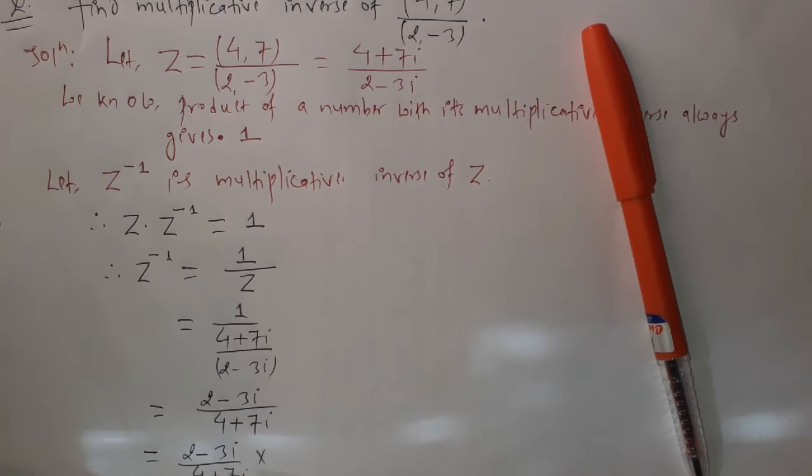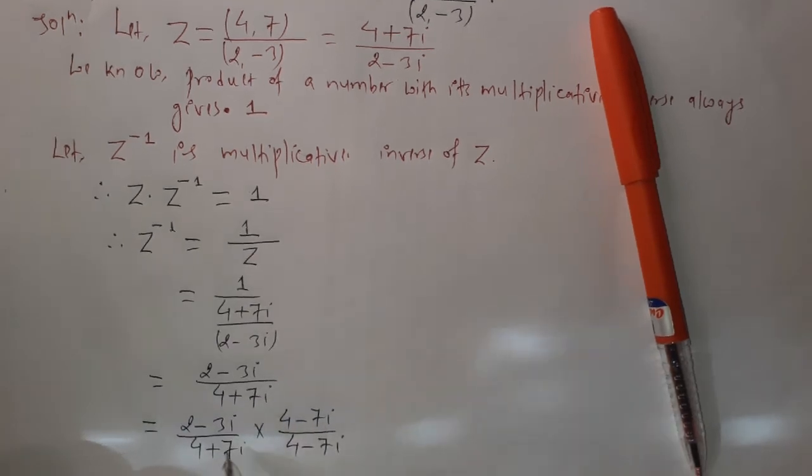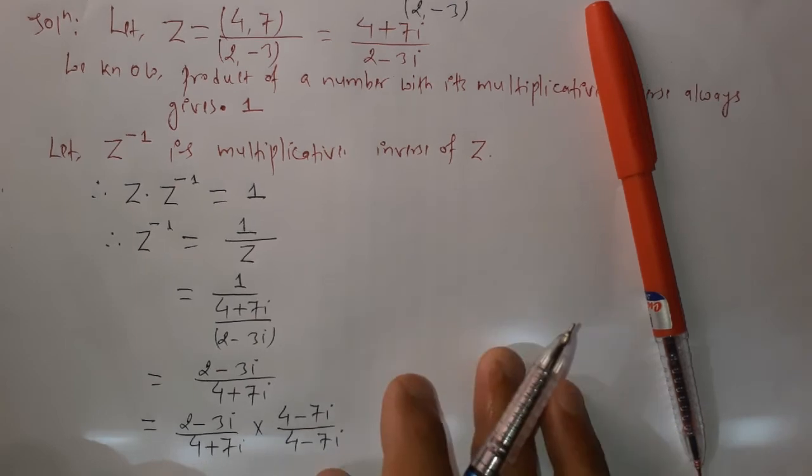If we multiply both the numerator and the denominator by the complex conjugate of 4 plus 7i, which is 4 minus 7i, then we do the multiplication.